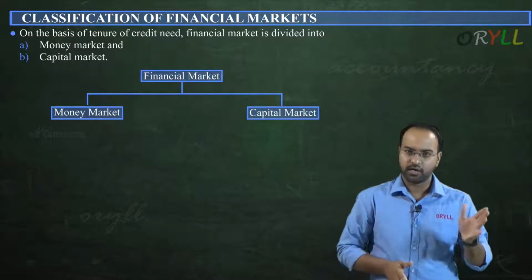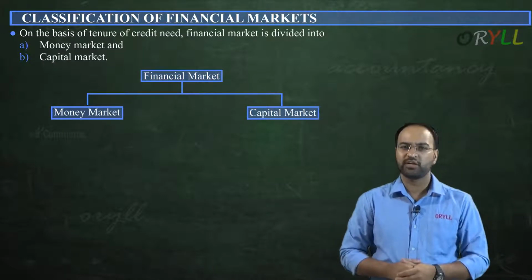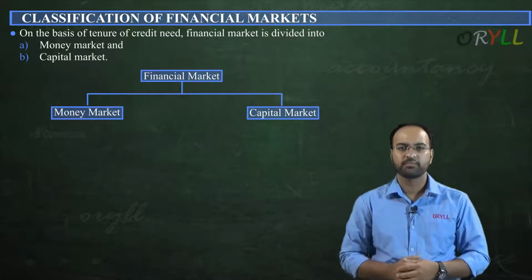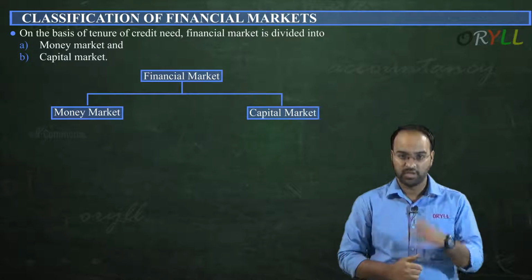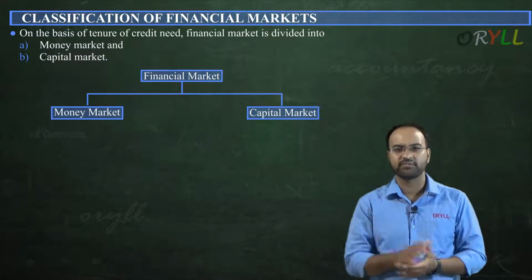What do you mean by tenure of credit need? It means the company wants to borrow the fund for 3 months, 6 months, 9 months or 12 months, that is 1 year, or the company wants to borrow the fund for 3 years, 5 years, 7 years.